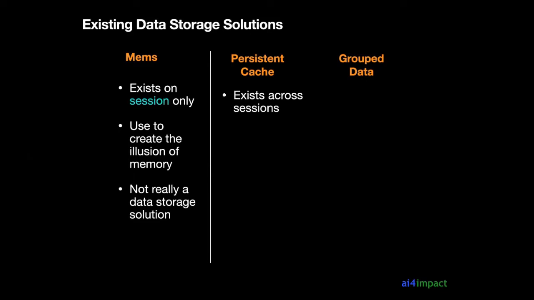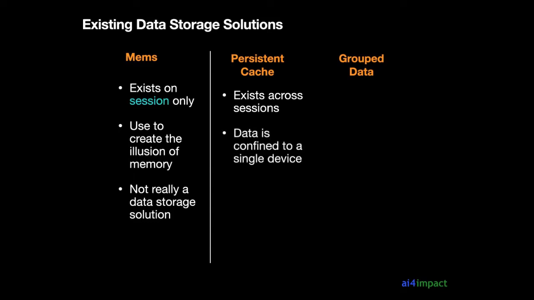Even if the user switches off the chatbot, the data is still there. And when he calls up the chatbot again, that data can be pulled from the persistent cache and used.